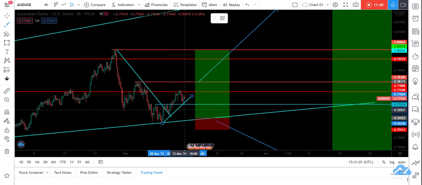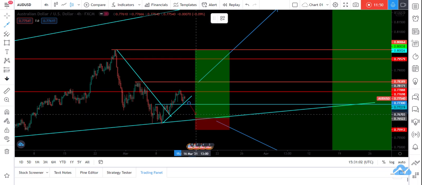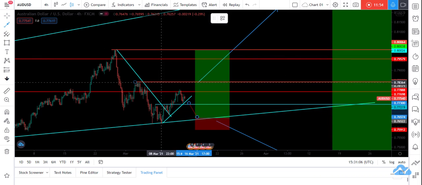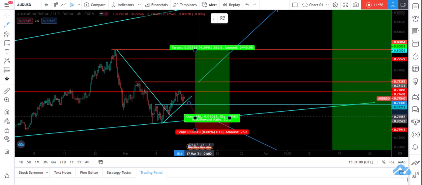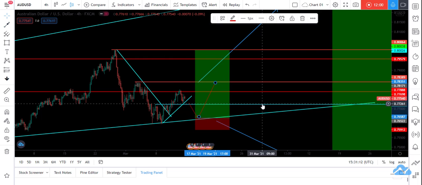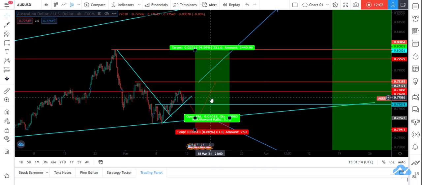I'm thinking that the price just might come back down for a retest, and then we have a move back up. So that's one scenario.